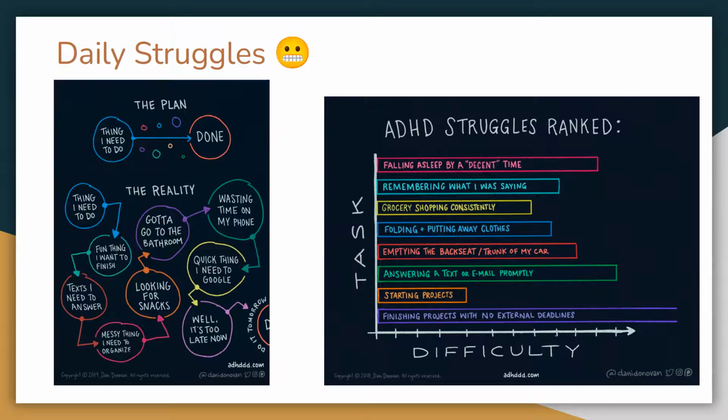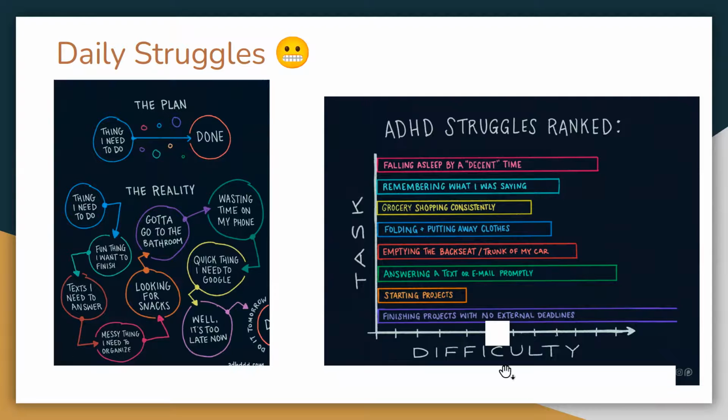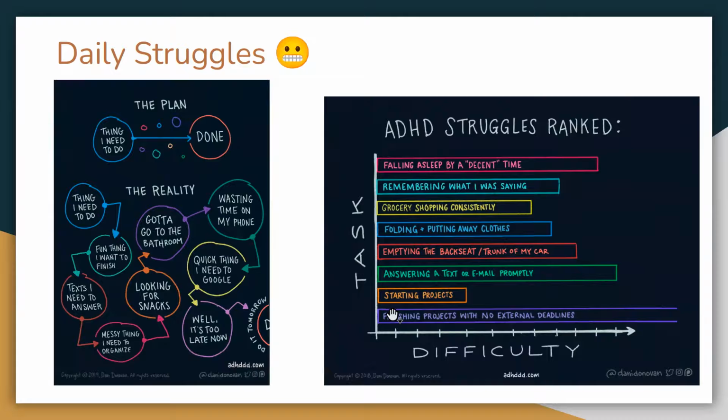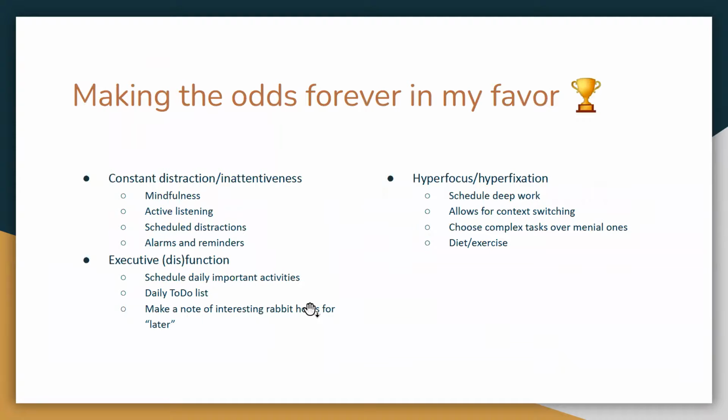I don't know if anyone here has ADHD or knows somebody with ADHD or has this problem, but this is something I could definitely identify with. And this last one, finishing projects with no external deadlines. This is a problem for a professional procrastinator, because if you don't give me a deadline, then it may not get done. I'm going to go to the next slide.